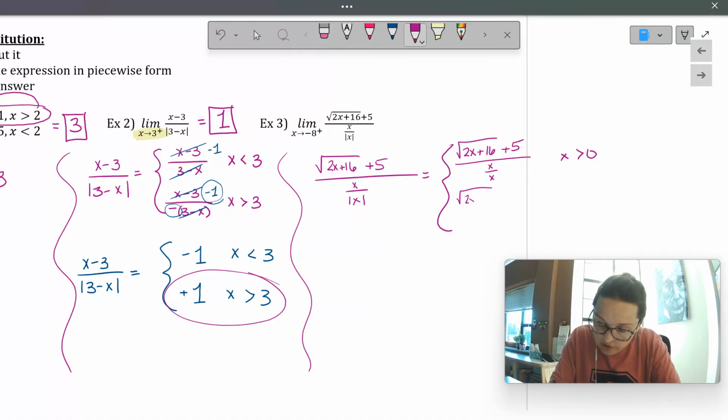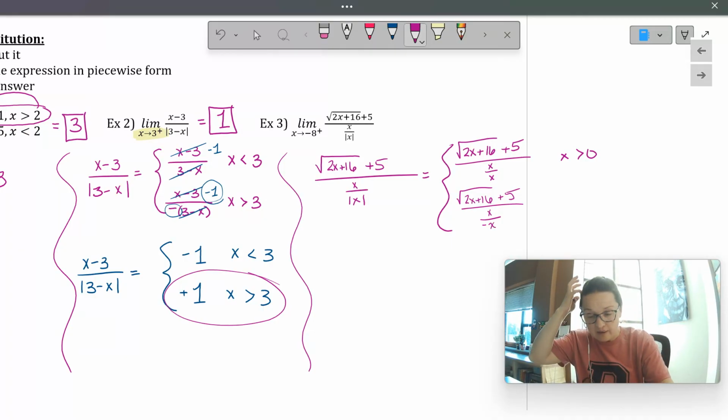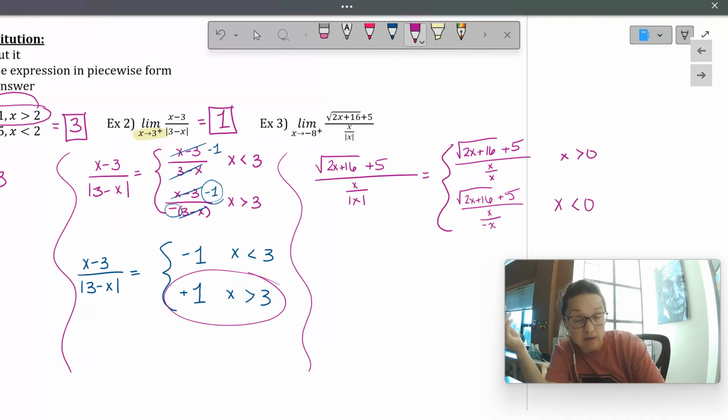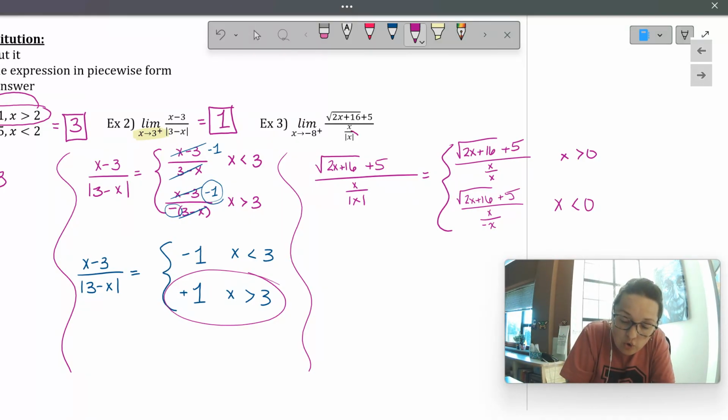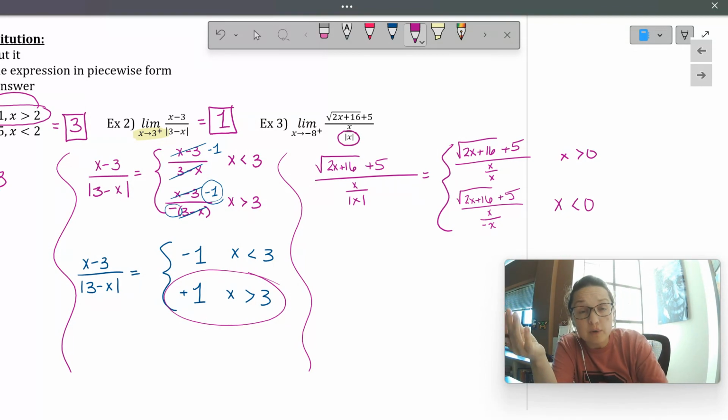And the square root of 2x plus 16 plus 5 over x divided by negative x for when the absolute value interior is negative and we negate it. We're going to negate x when x is negative. In a nutshell for that, you basically want to split your absolute value into two parts.